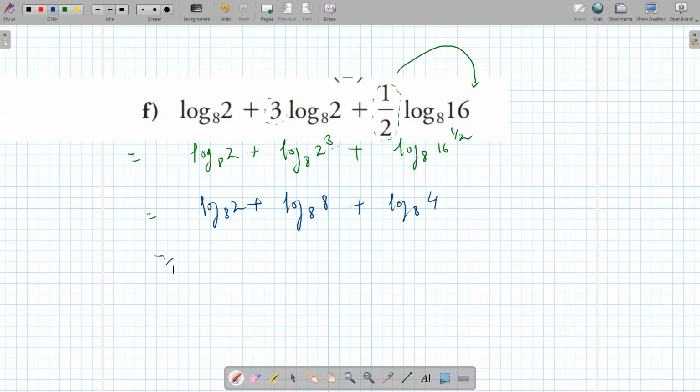Now what do you think we do? You multiply everything? Yeah, you multiply everything. So this becomes log base 8 of 2 times 8 times 4, which is log base 8 of 8 times 4 is 32, times 2 is 64.